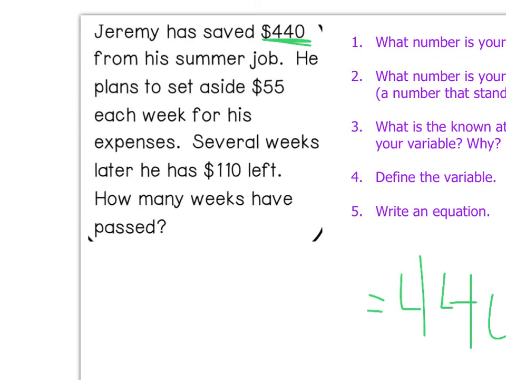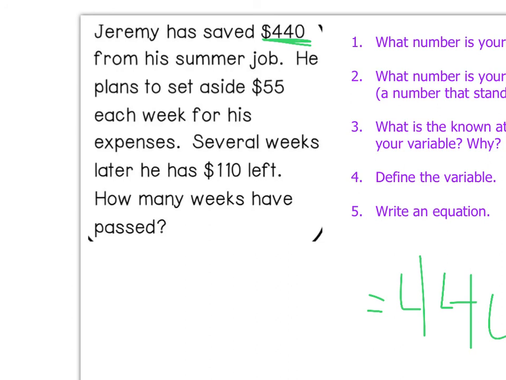All right, so the next step we need to do is figure out what is our constant, what are we adding or subtracting here. So for this problem, it's a little bit trickier than the last two. So I can tell by 55 each week that that has to be the number that I'm multiplying. So on this one, I use a little bit different technique because it's easier to tell what I'm multiplying by than figuring out what I'm adding. So if I have 110 left, that would have to be my constant.